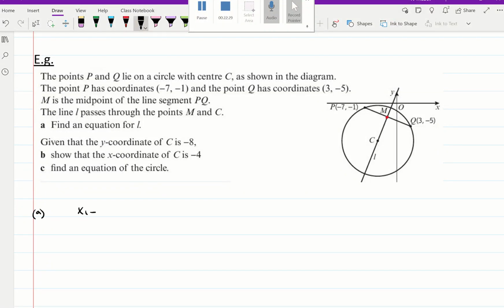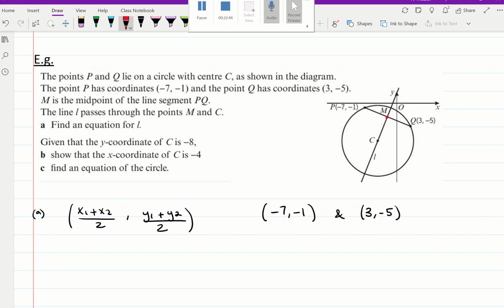So the midpoint is x1 plus x2 over 2, y1 plus y2 over 2. And I have got -7, -1, and 3, -5. So I can call x1, y1, x2, y2.